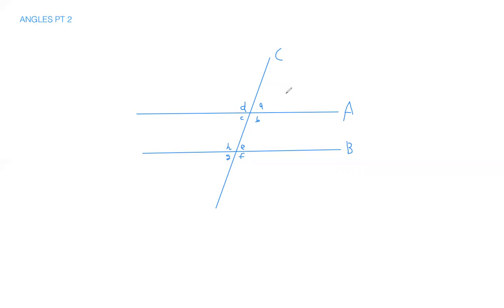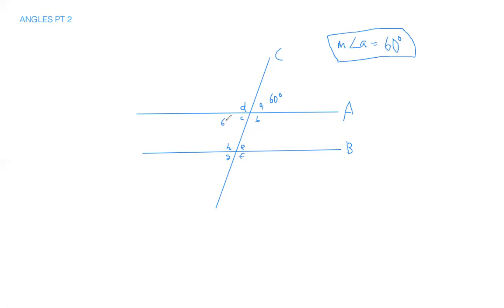Now, we learned in the past video, in angles part 1, that opposite angles are congruent to each other. If we were to measure angle A, let us assume that the measure of angle A is equal to 60 degrees. Let's keep that in mind. So if this is 60 degrees, then we know that opposite or vertical angles are congruent.